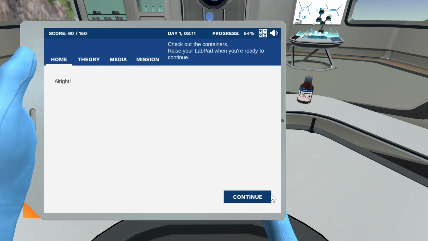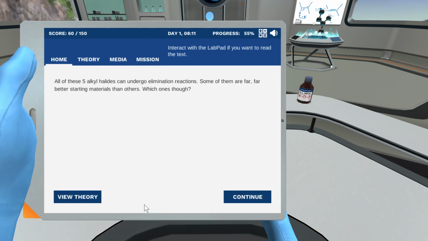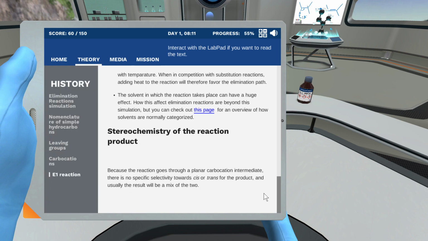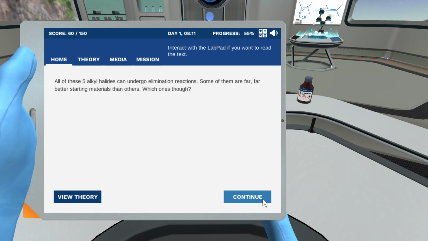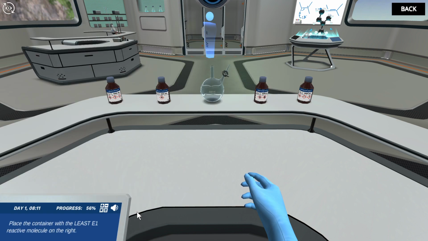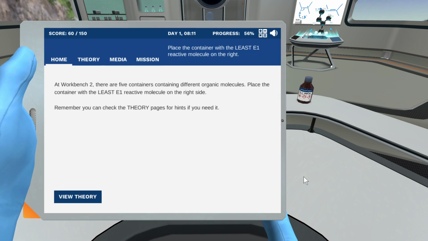All right. All of these 5 alkyl halides can undergo elimination reactions. Some of them are far better starting materials than others. Place the container with the least E1 reactive molecule on the right.